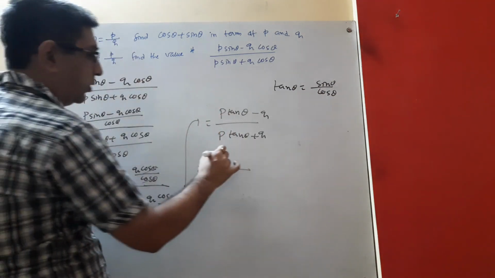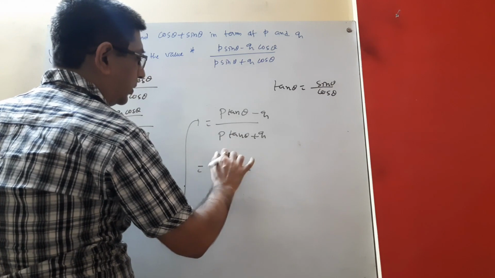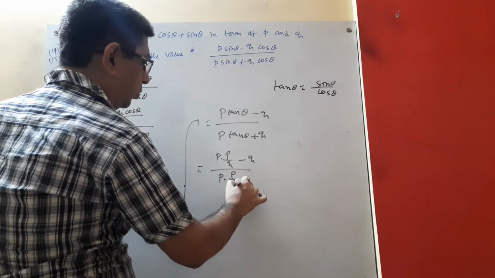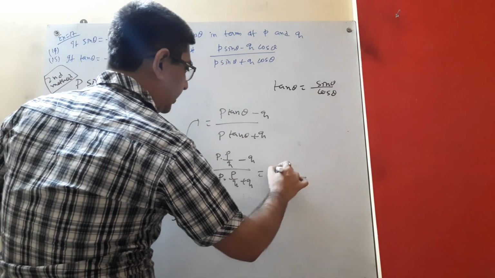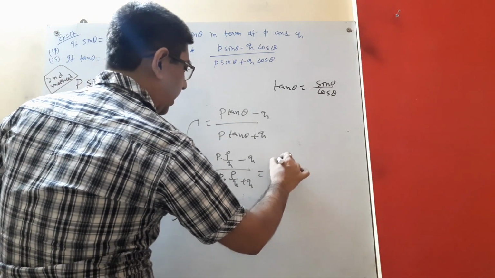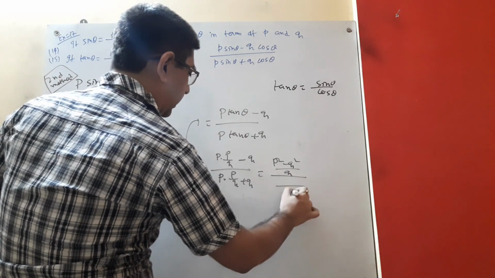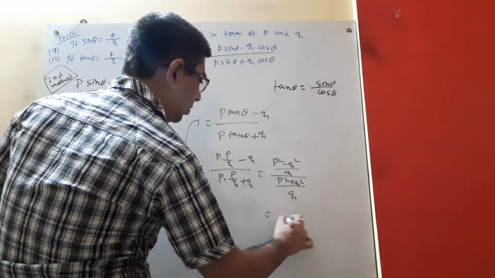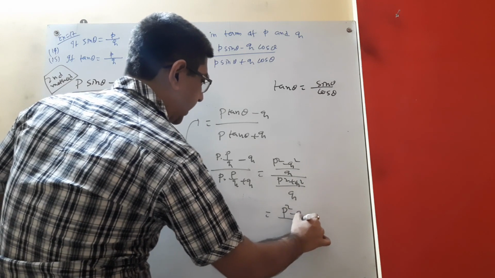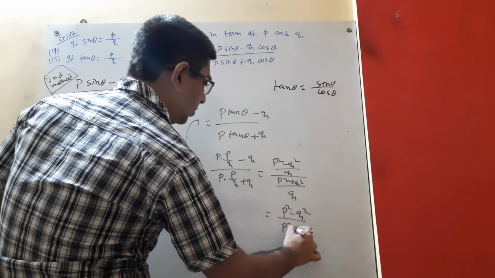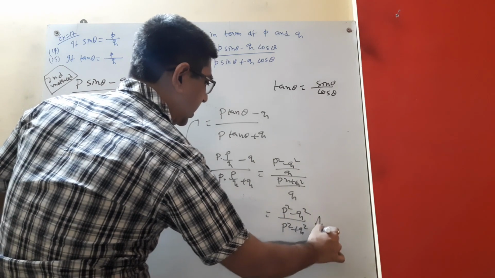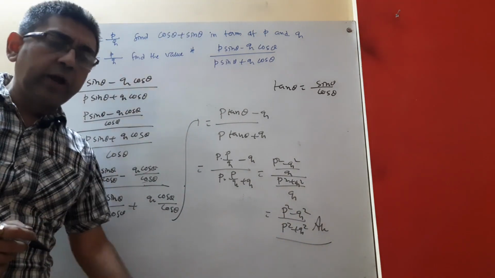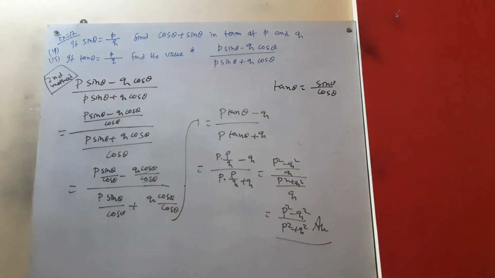It is given P by Q. P by Q minus Q. P into P by Q plus Q. That is, Q is the P square minus Q square, and this is Q, P square plus Q square. Q cancels. We are getting P square minus Q square by P square plus Q square. This is the answer. The same answer is coming, but any method you can use, because both are the same.